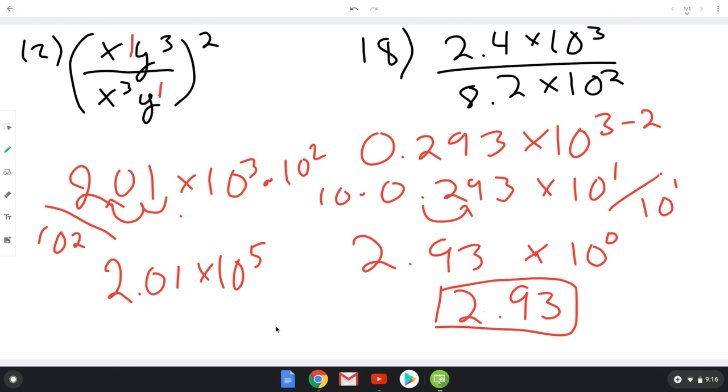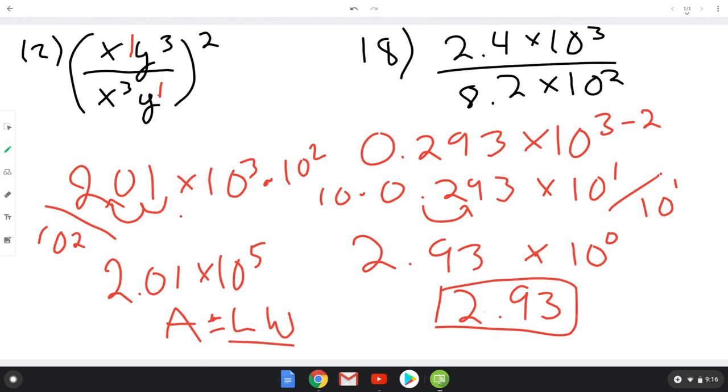Okay. One more thing I want to talk about before I finish, and that's number 21. That's an odd one, so I'm not going to be doing the question for you, but I do want to point out that it's talking about the area of a rectangle, which we know equals length times width. And they're giving you the area and the length, and they want you to find the width.